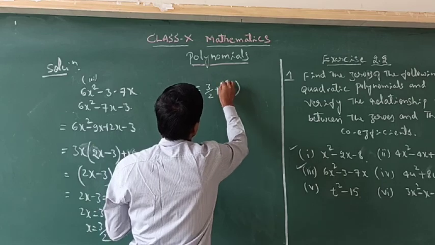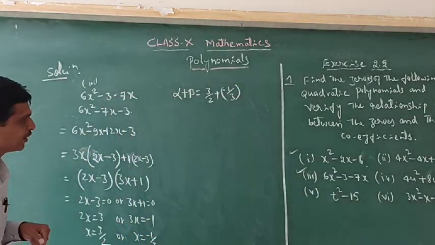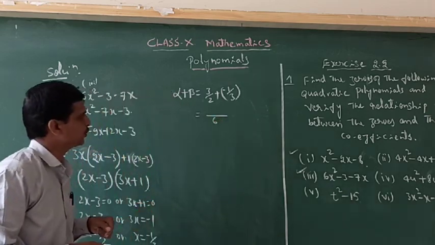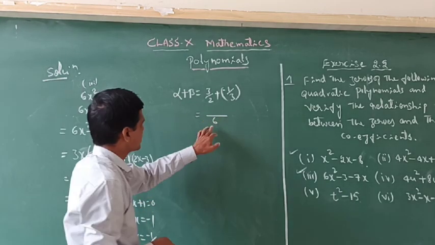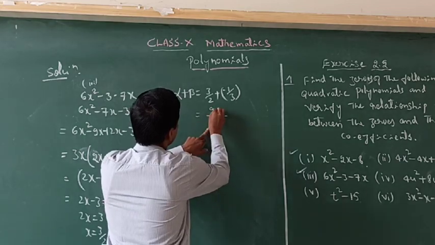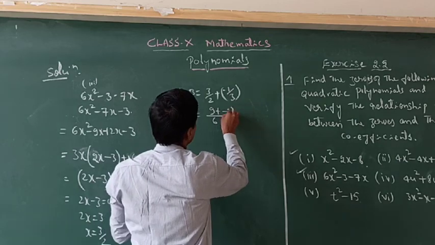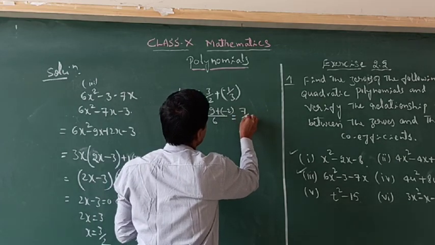Take the LCM, which is 6, because 3 and 2 are prime numbers so the LCM automatically becomes 6. Now 3 3s are 9 plus 2 into minus 1 is minus 2. The answer is 7 by 6.